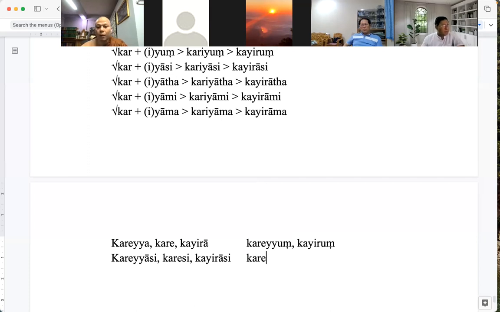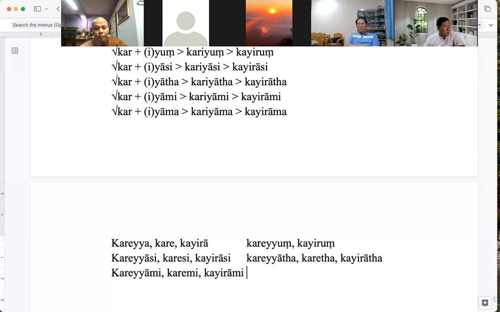Okay. And plural, that second person plural. Regular form is kariyata, and contracted form is karita, and then irregular form is kayirata. So the same way for the first person singular, regular form kariyami, contracted form karimi, and then irregular form kayirami.